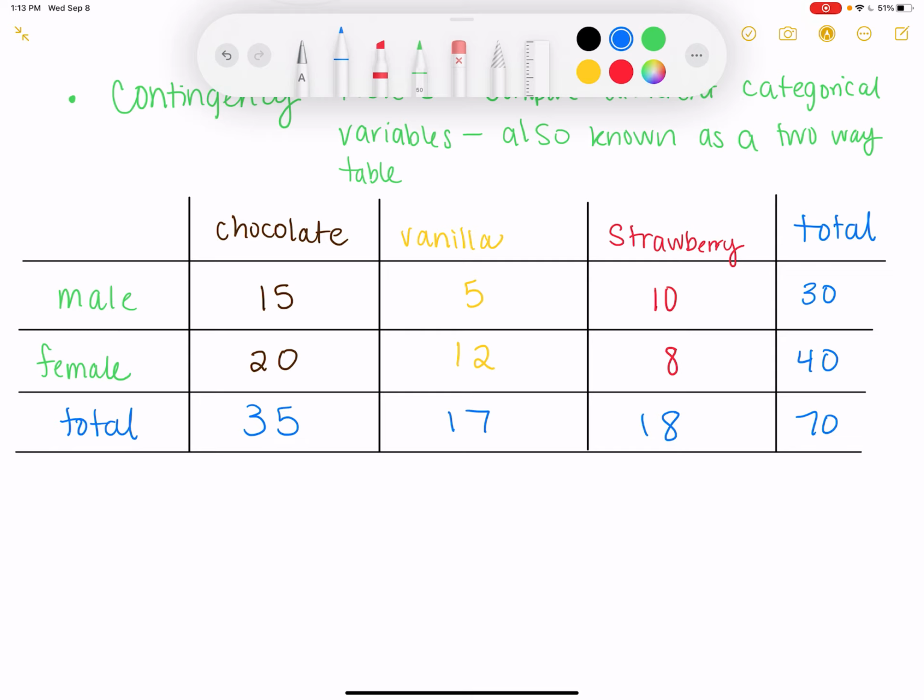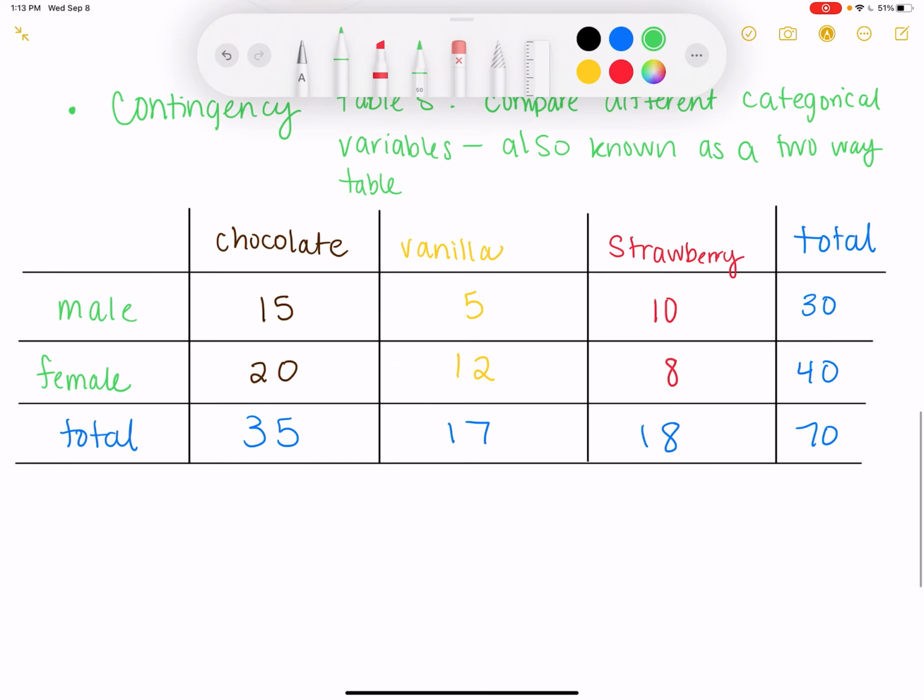Something to note with these: this table can also be used for relative frequency. So I could do the same type of table with percentages.